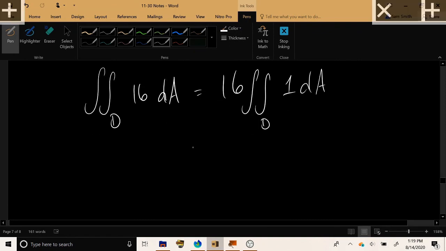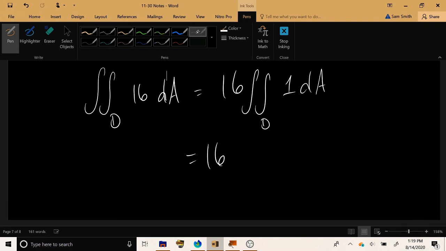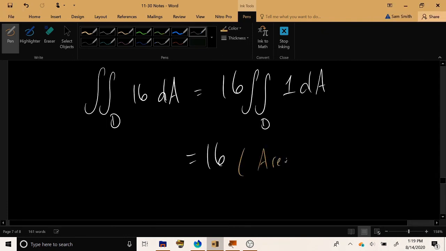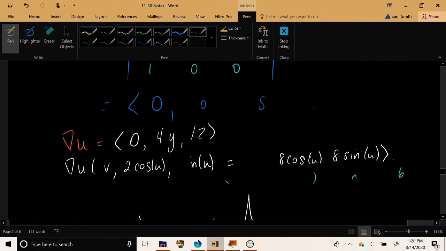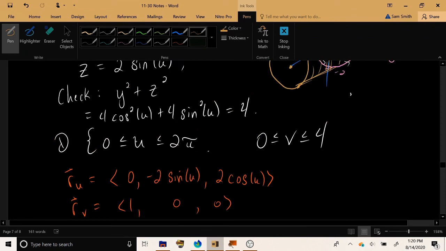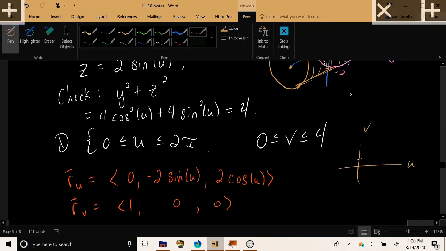But we're going to use the same time-saving technique as last time, and we're going to remind ourselves that this integral of 1 with respect to area is equal to the area of the region D, where u and v occupy. And the region occupied by u and v is just given by this rectangle, where v goes from 0 to 4, and u goes from 0 to 2 pi.